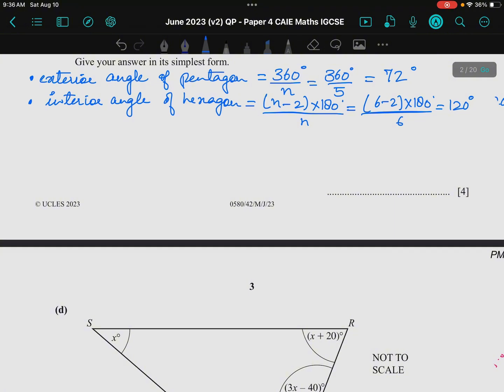So now we have to find the ratio D upon H. Therefore, D upon H is equal to 72 degrees upon 120 degrees. So cancel it out, put this in your calculator, you will get back answer as 3/5.